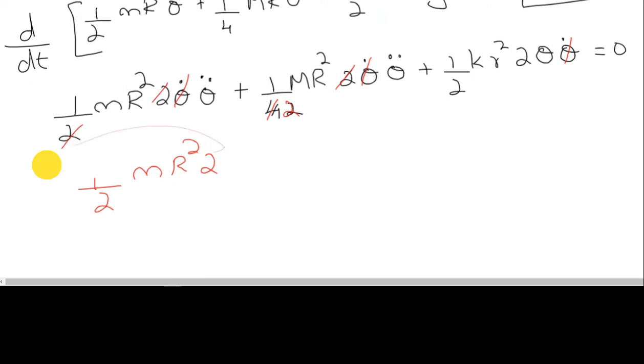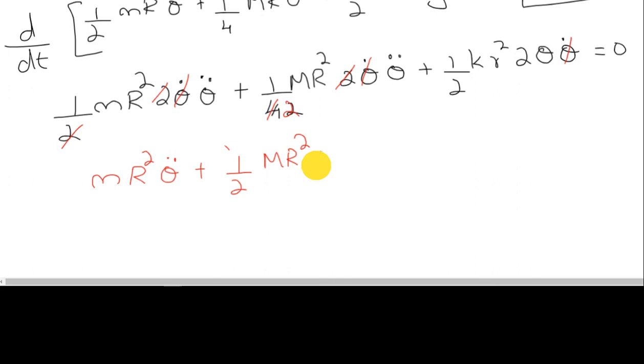So you will be left with the equation: m r square theta double dot plus 1 by 2 capital M r square theta double dot plus k r square theta equal to 0.